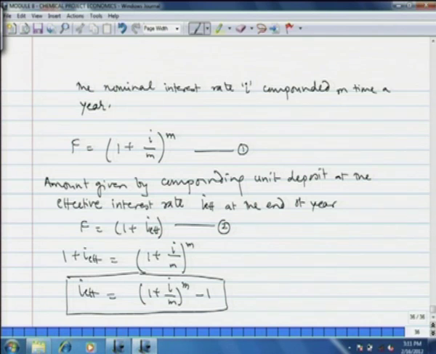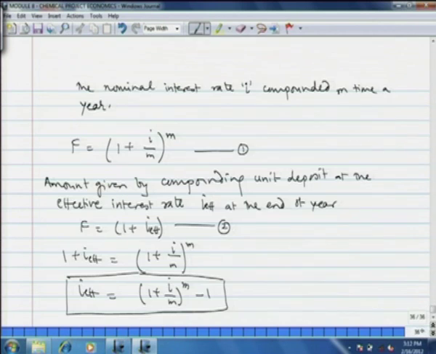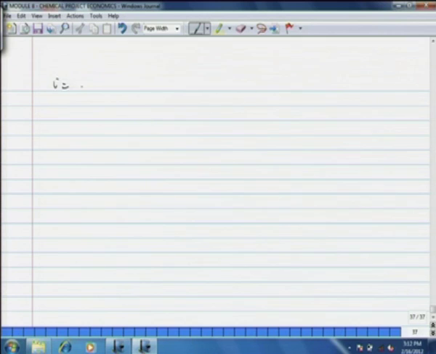Now, let us go back to the example we had seen, that nominal interest rate of 8% compounded quarterly. So, what is the effective interest rate? So, here we have I equal to 8%, m is 4 because it is compounded quarterly. So, 4 quarters a year.